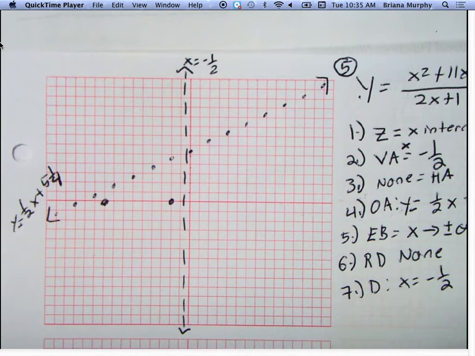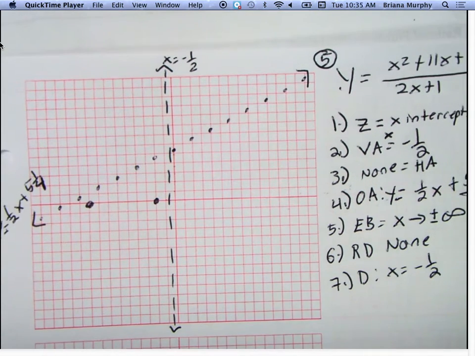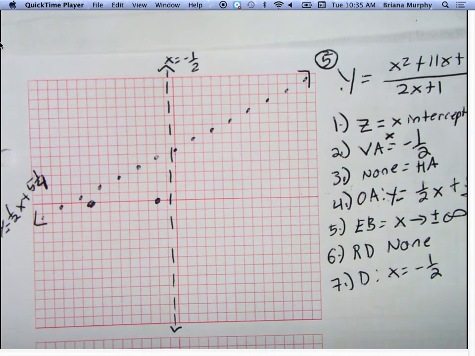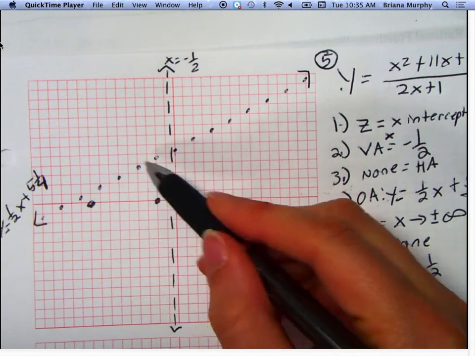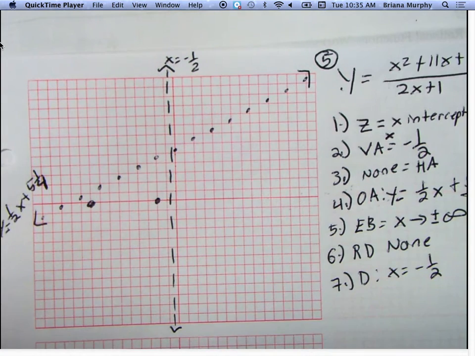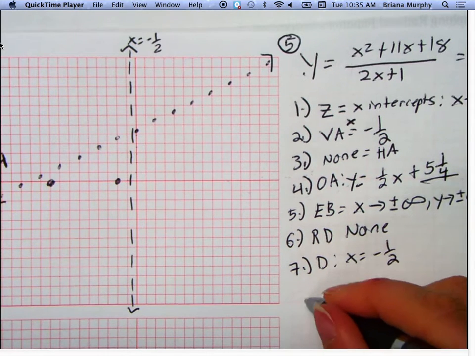My graph always follows my asymptotes. I need to figure out how far up in here I go. So I'm just going to pick a number to plug in between -2 and -9. What number would you like to choose?